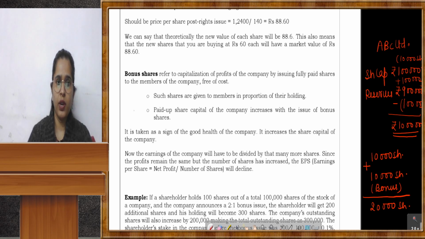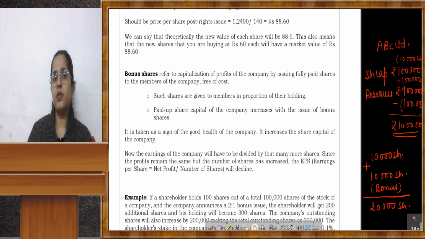So now let's see bonus shares. See, bonus shares refer to capitalization of profits of the company by issuing fully paid up bonus shares to the members of the company free of cost.